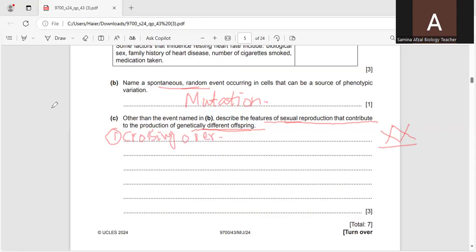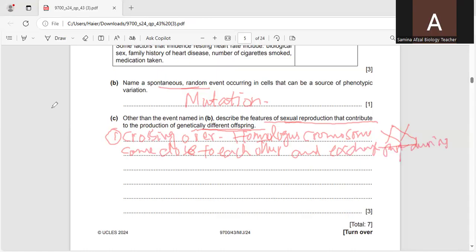in which the homologous chromosomes come close to each other and exchange parts during prophase of meiosis.